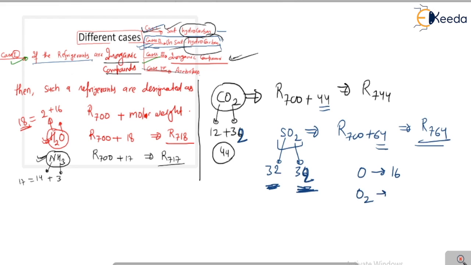So for O2 it is 32, not 36. So the designation is 764.